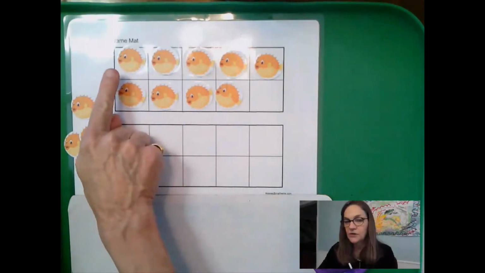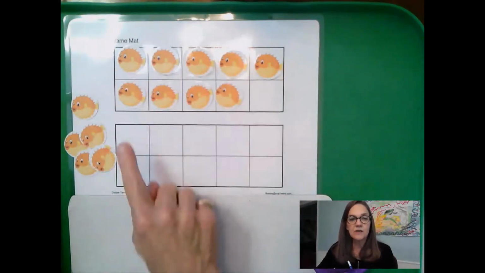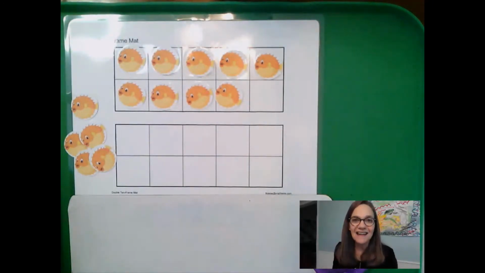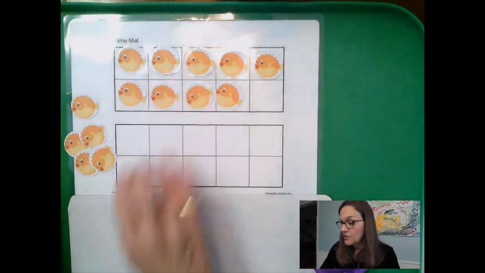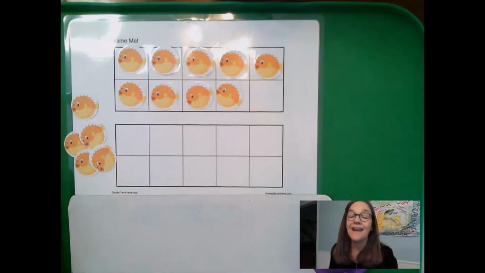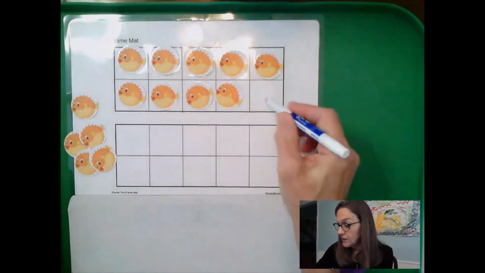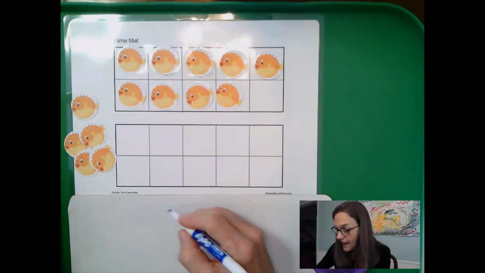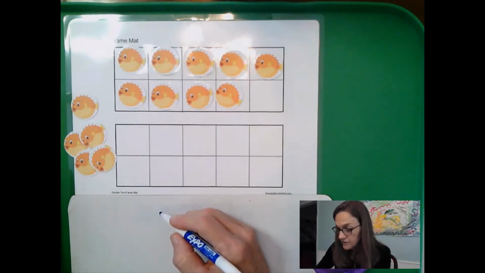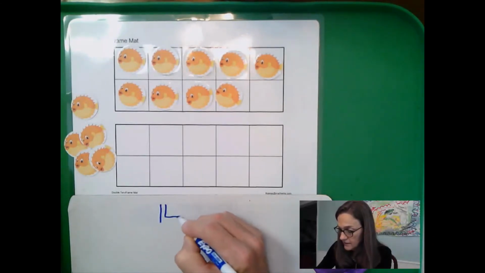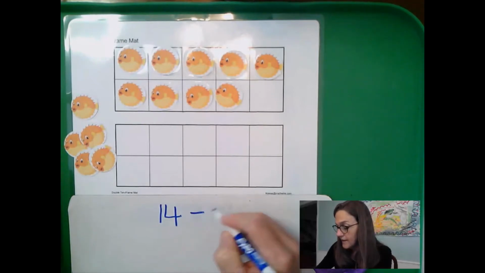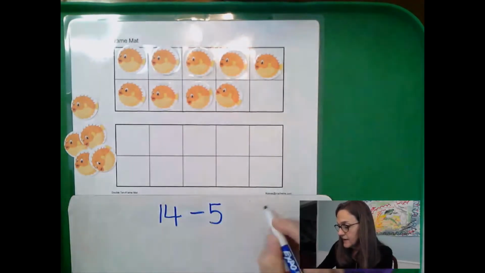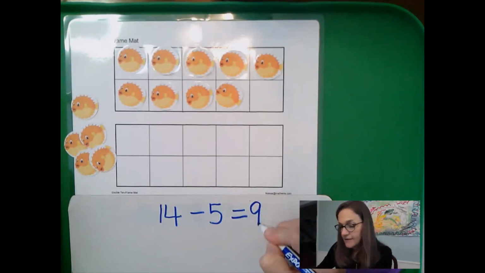We want to always work from left to right whenever we're reading. So then what's left? 9. Easy to see because we're 1 short of a full 10 frame there. So I had 14 and I took away 5, and that equals 9.